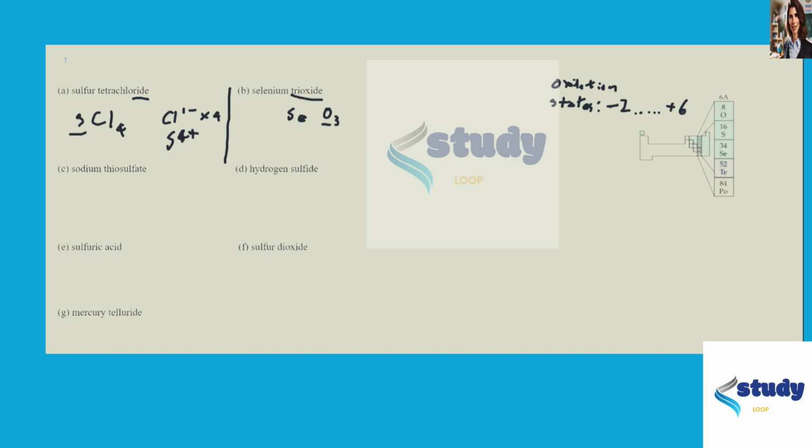And so what that means for this problem is that oxygen is going to be -2. And there are 3 of them. So for this compound to be charge balanced, this selenium needs to be in the +6 oxidation state.